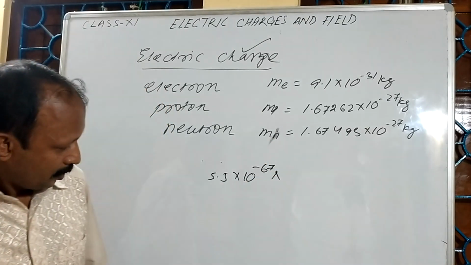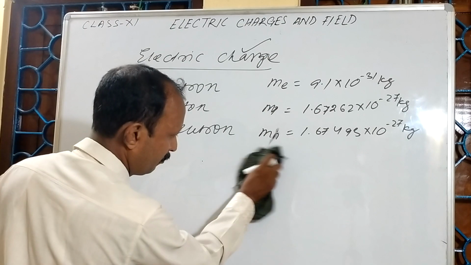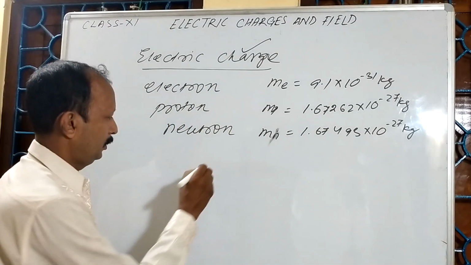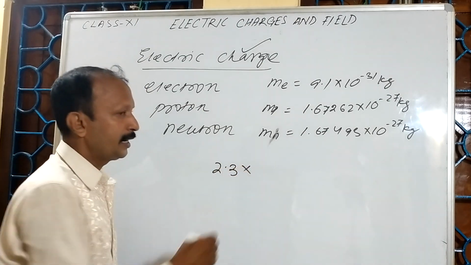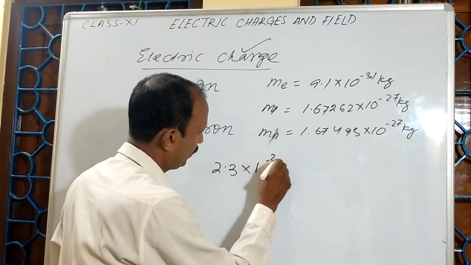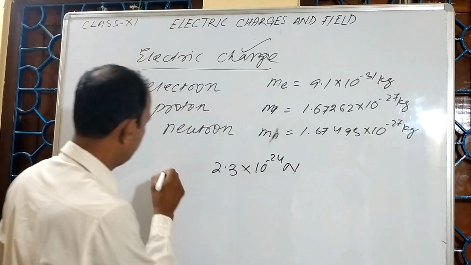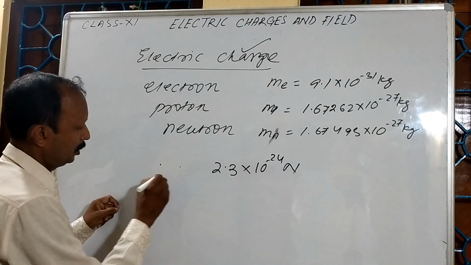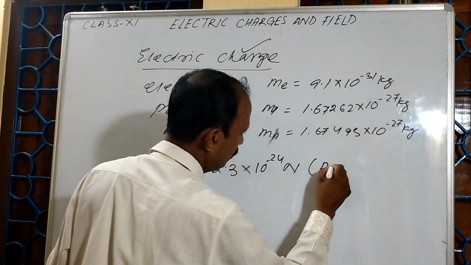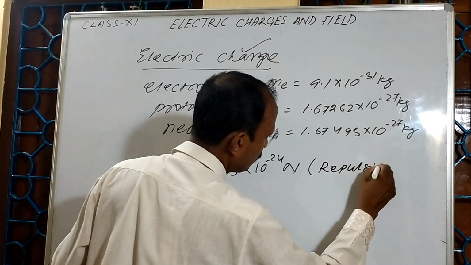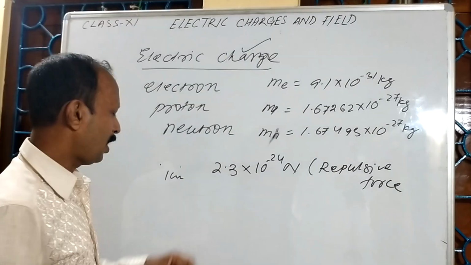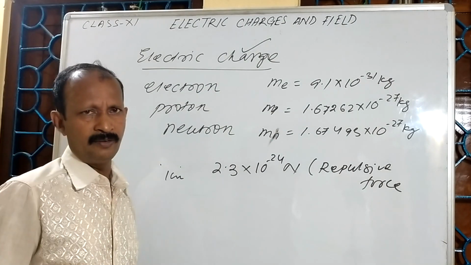That force will be equal to 2.3 into 10 to the power minus 24 Newton. This is the electron, this is the electron, 1 centimeter apart. There is a repulsive force. Before that, I said attractive force, that is the gravitational force.